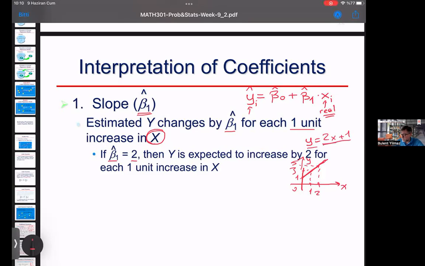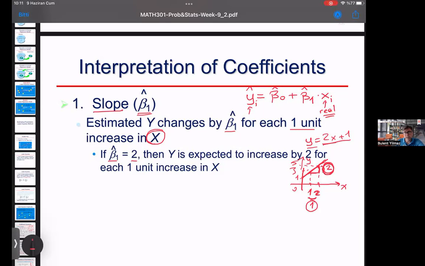If there's a 1 unit change from 1 to 2, how much change do I have in y? From 3 to 5, right? The change in y is 2, and the change in x is 1. The slope tells me that each 1 unit increase in x will lead to a 2 unit increase in y. That's why the slope has this meaning.